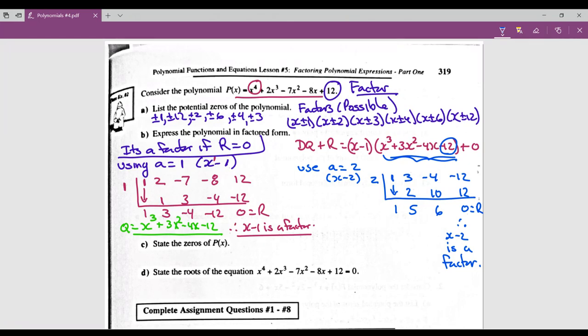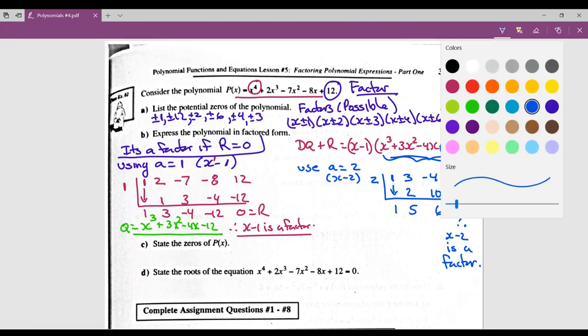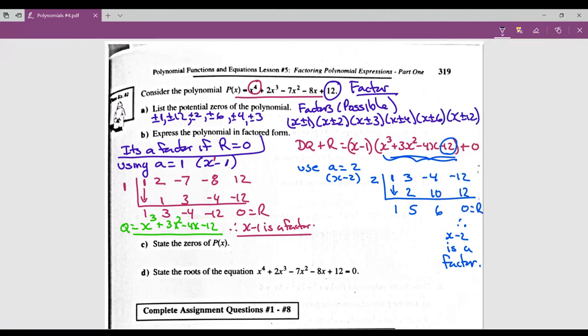All right, again, we write it as dq plus r. So, I'm going to keep using different colors here. Let's go black. So, I can now write it here. P is equal to dq plus r. So, you have to remember this is still there.